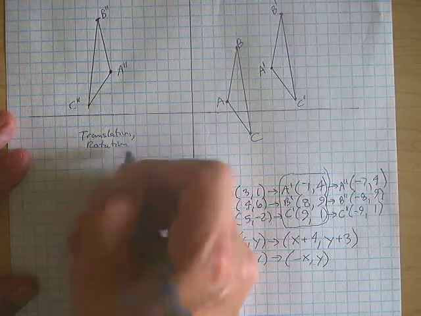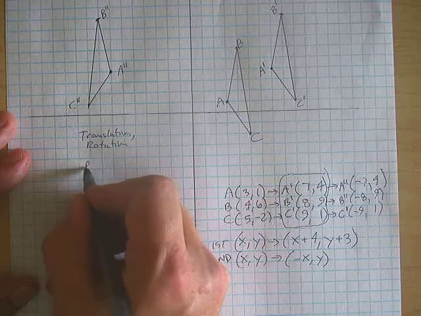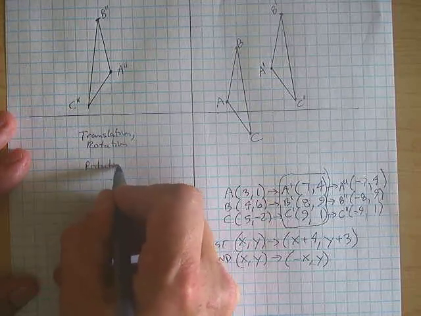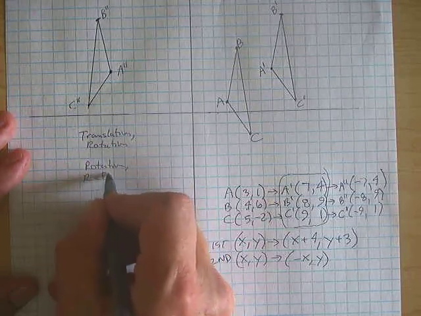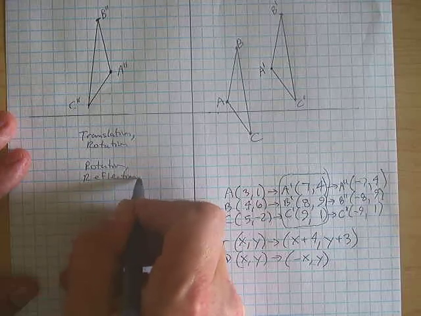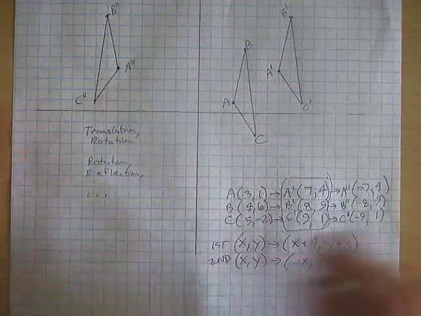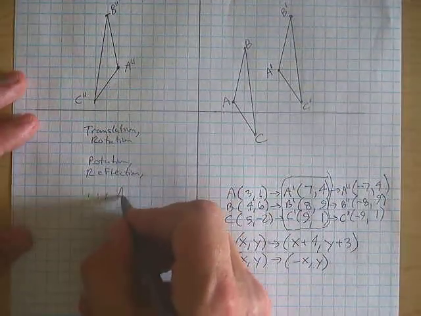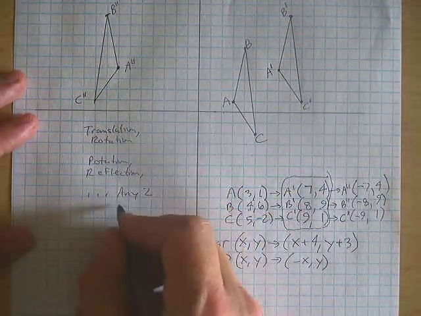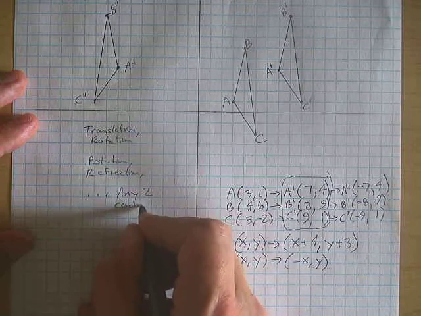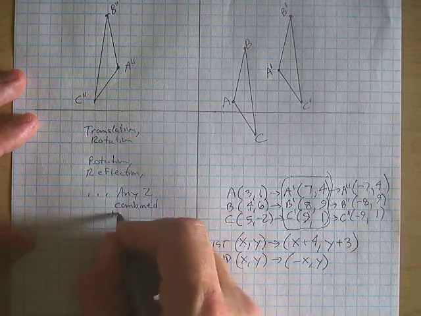You could do several things. You could combine any two. You could do a translation, then a rotation. You could do a rotation, then a reflection. You could do a lot of other things. Okay?